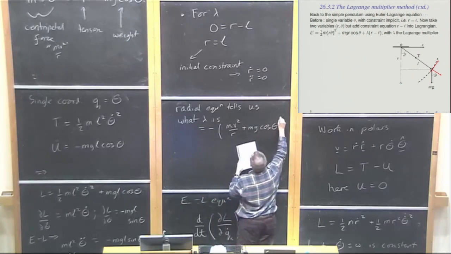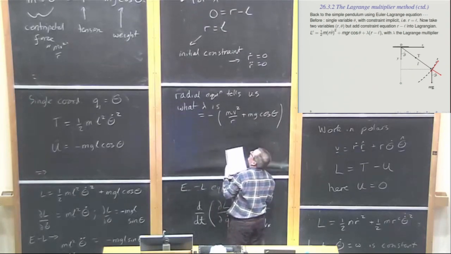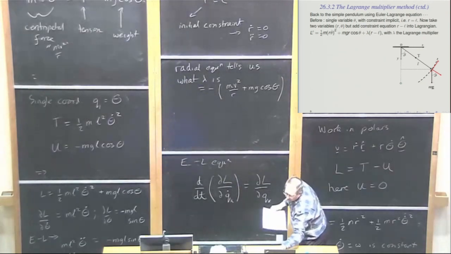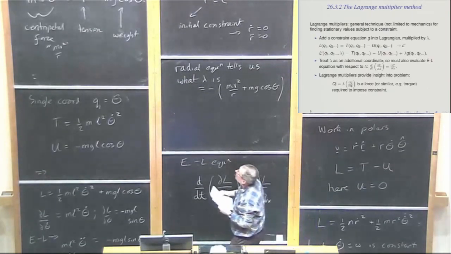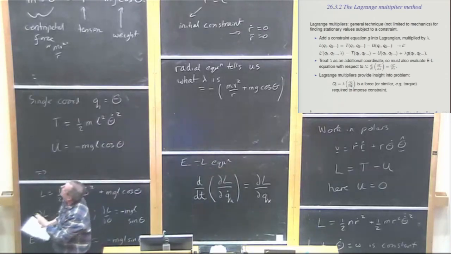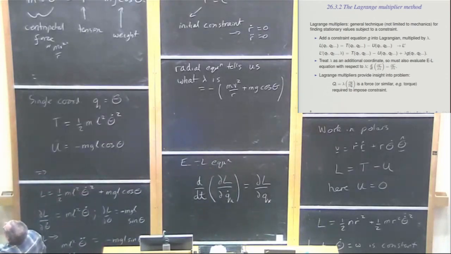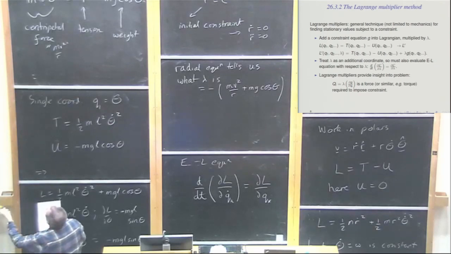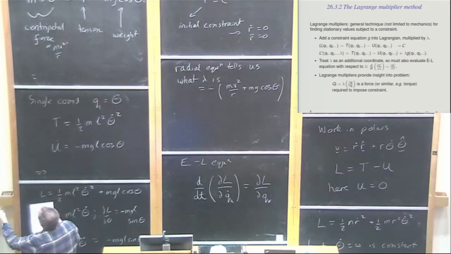And the reason we care about what the actual value of lambda is, because I just asserted that for a given coordinate, we have a force of constraint. So we can derive this. g is the constraint equation.